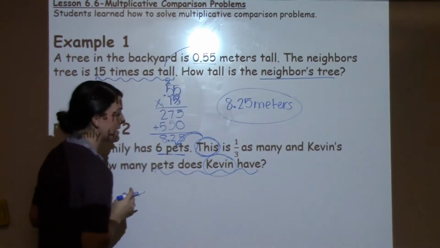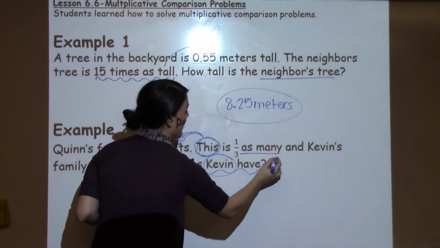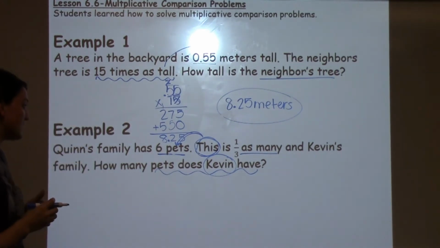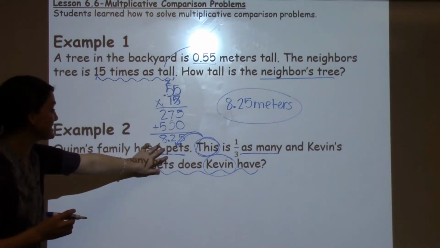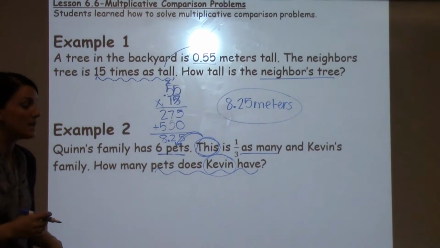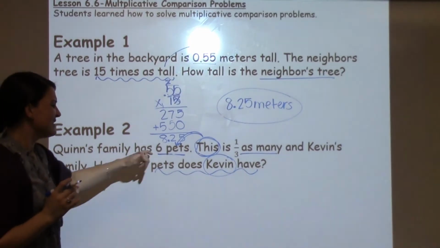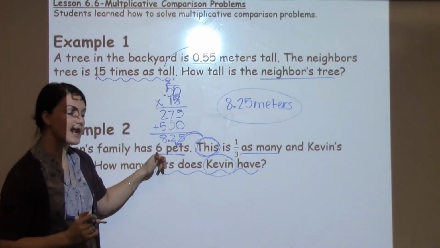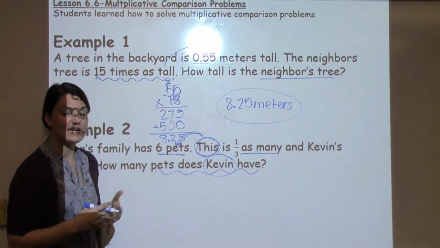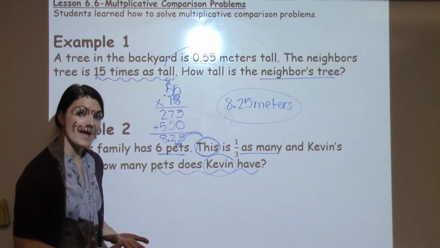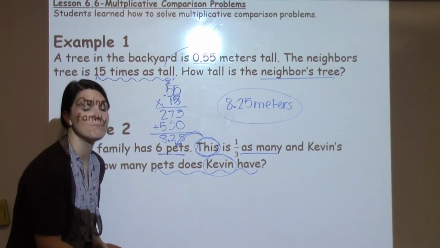So I'm looking for the amount that Kevin has, and he only has 1/3 as many. This 6 is 1/3 as many as Kevin has. Kevin has more, so I really want my answer to be bigger.